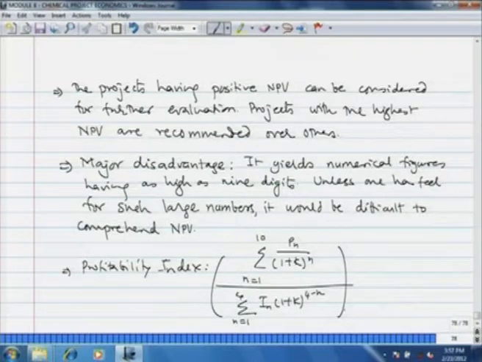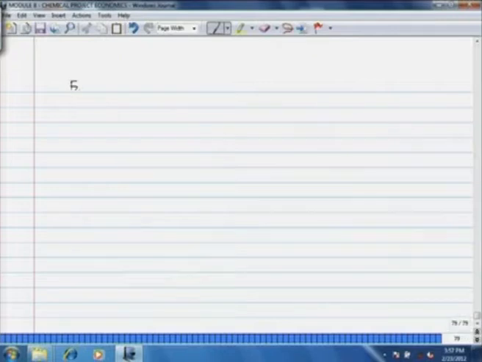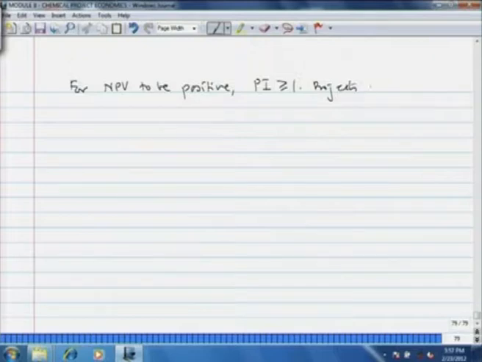Now, obviously, because of ratio, the lower bound for profitability index is 1. So, for NPV to be positive, profitability index PI should be greater or equal to 1. Okay. And then projects with higher profitability index are preferred.